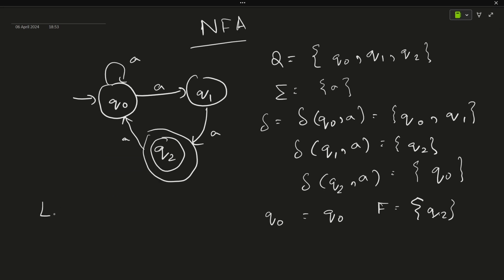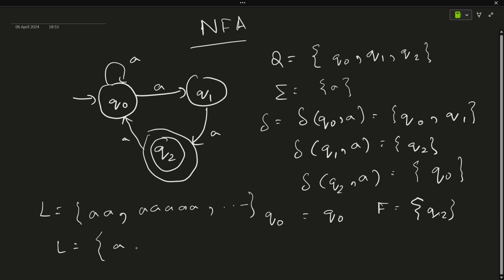So what this accepts, let's see, a a a a. So this is the same as the previous one. A to the power n plus 2. This is the language.